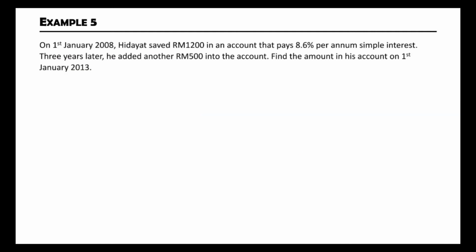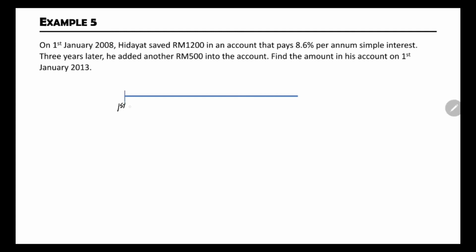Example 5. On 1st January of 2008, Hidayat saved 1,200 in an account that pays 8.6% per annum simple interest. 3 years later, he added another 500 into the same account. Find the amount in his account on 1st January of 2013. Let's draw the timeline since we have multiple principals in one account.